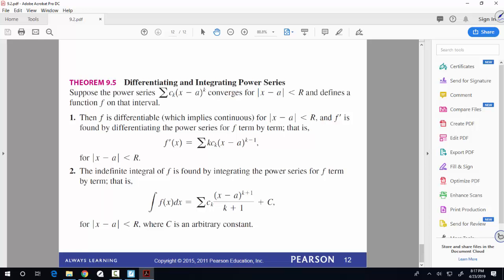You don't affect the radius by differentiating or integrating, but you could affect the endpoints. So when you differentiate or integrate a power series, it's important to re-examine what happens at the endpoints, just like we did when we were doing a root or ratio test.